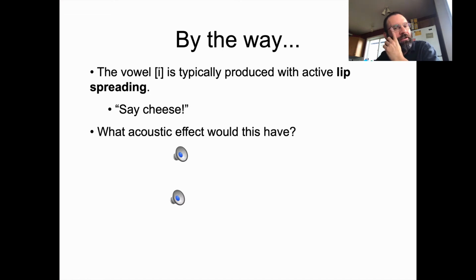Something I will mention along the way, though, is that this has a particular acoustic effect. And normally I ask this question in class. So if I'm saying a vowel like E, if I'm spreading my lips, what acoustic effect do you think that would have on vowel formants? We've talked at some length or at various times about the acoustic effect of lip rounding.